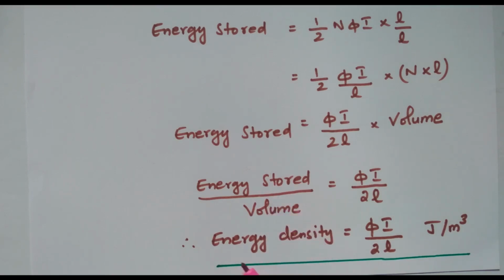Energy stored by volume is the energy density, which is equal to mu N i square divided by 2l. The unit is joules per meter cube, because it is divided by volume, which is meter cube. So the energy density in the inductor is mu N i square divided by 2l, joules per meter cube. Now we'll see the energy density of the solenoid.